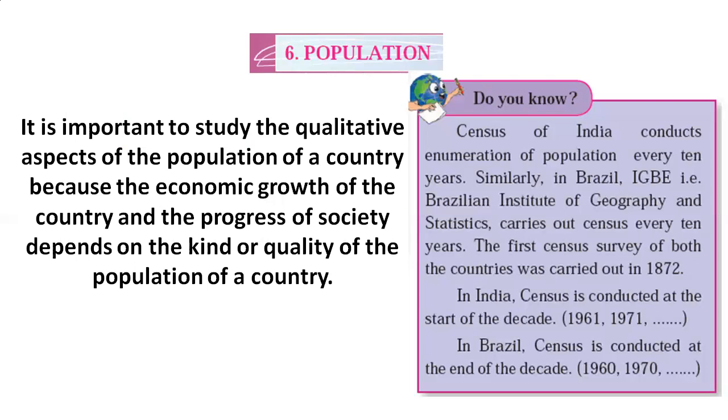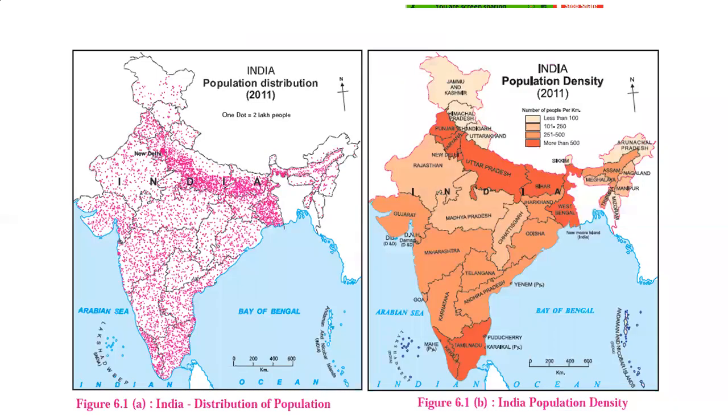We will be comparing the different compositions that go on to make up the population of Brazil and India. We will first have a look at the distribution and the density of population of India and Brazil.